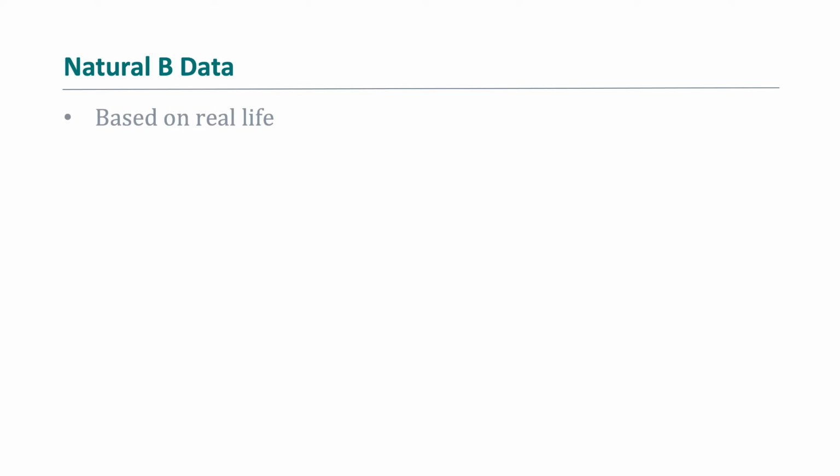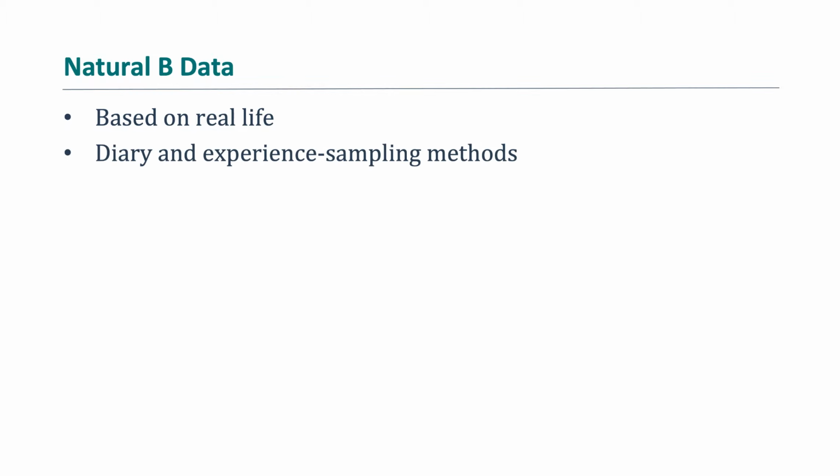Okay. Now, the great news about B data, or that behavioral data, is that it's real life setting. This is what's really happening. And you can get this by observing, but you can also do this through systematic records. So you can give diaries or experience sampling methods. You can do electronically activated records.